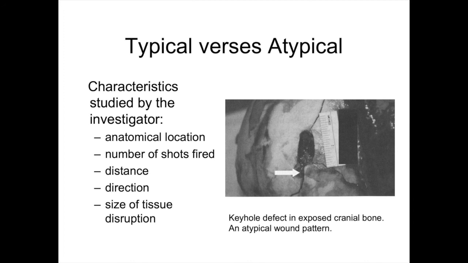There are all kinds of very atypical characteristics that we have to consider as we try to understand the path, the distance, even the caliber of the material, or whatever object such as shrapnel is striking the body, and how it's striking the body.